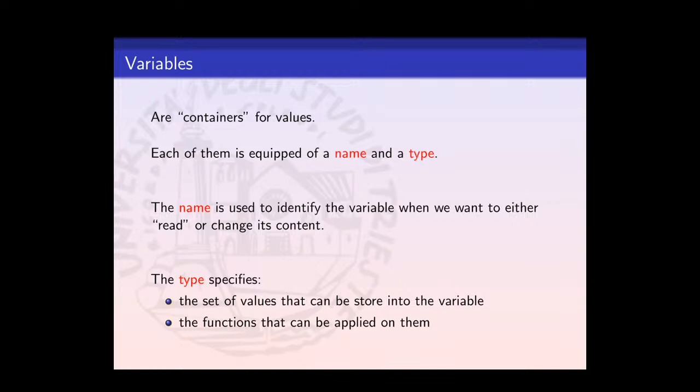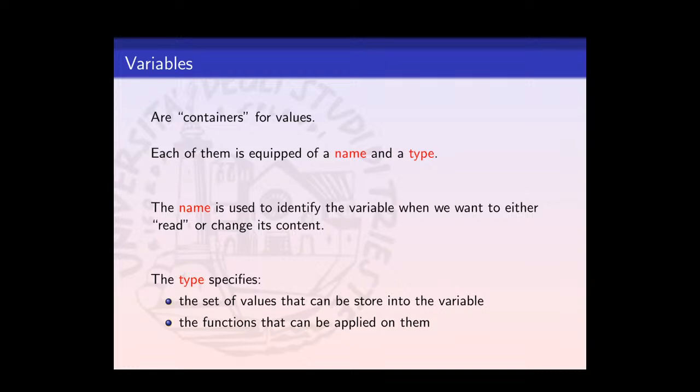So we said that a variable is a container, just like a box, but not all the boxes are the same. There are small boxes, big boxes, and so on. So depending on the kind of data you want to insert into your box, you have to specify if you want a big box or a small box, and this is done by specifying the type. But this is not the only reason to specify the type. It's not just something related to the space needed to store data.